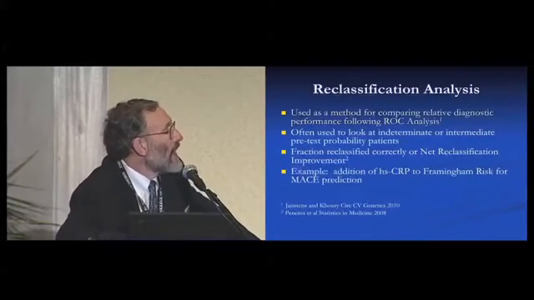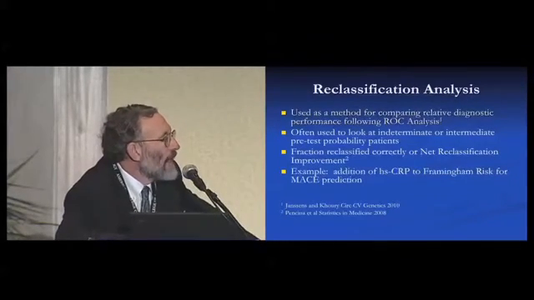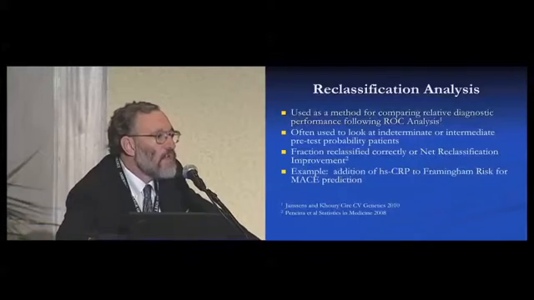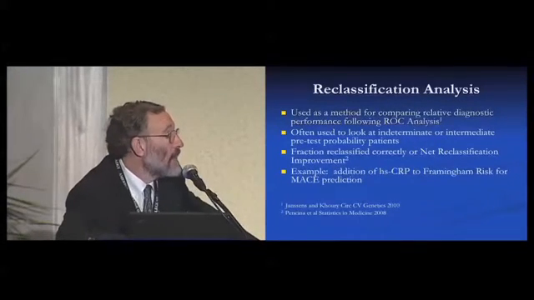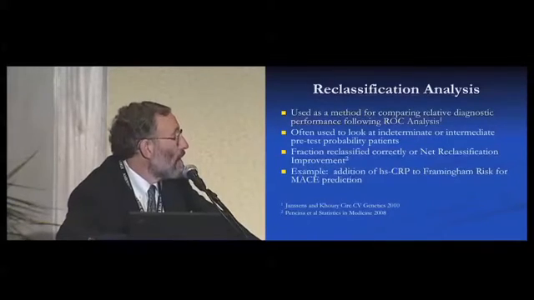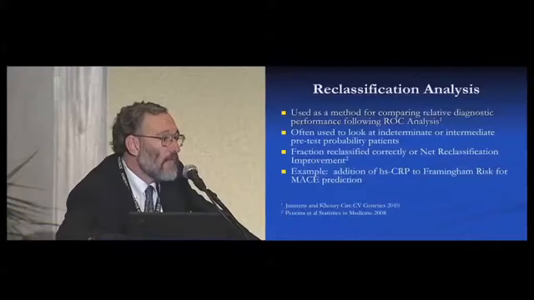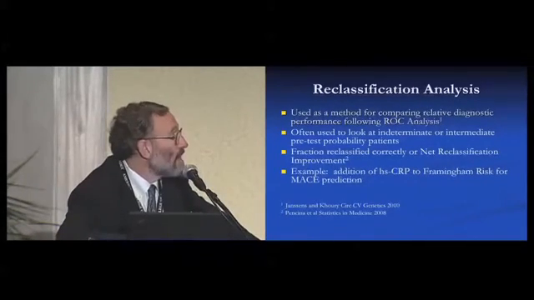So in reclassification, this has become a more common way of looking at how a new test is added to current clinical practice. To ask, does it add value? It's especially useful in results where you have indeterminate or intermediate results from a first test, and ask, does the second test add to that?